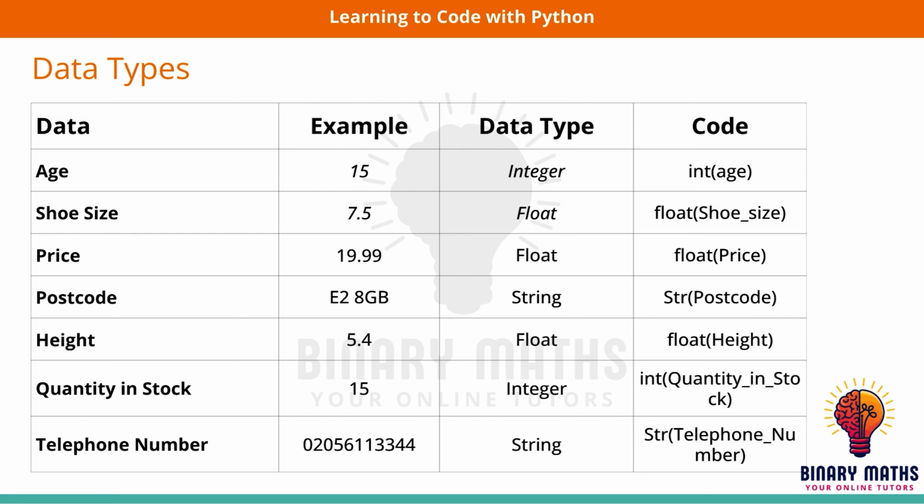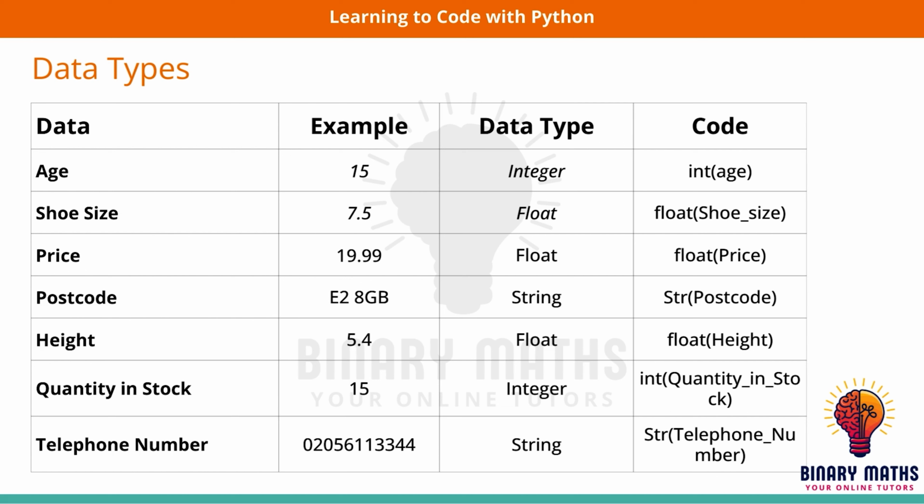Now this tells Python that the figure or the number that it's working with is a decimal or a float number. We then look at price. So an example of price might be $19.99. Again, it has a decimal place, so it's a float. And then we do float, open our brackets and type in price, and we close our brackets.